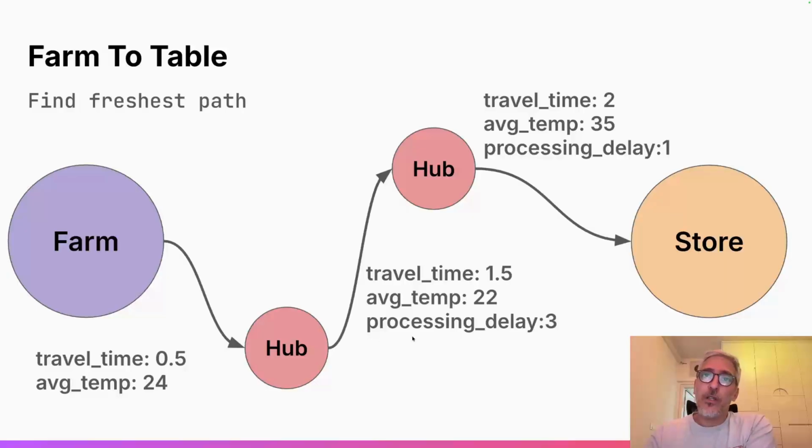In addition, a hub, a processing hub, has a processing delay. So how much time does it take the produce to leave that hub to the next leg? And I think this is all of the metadata that we have here.